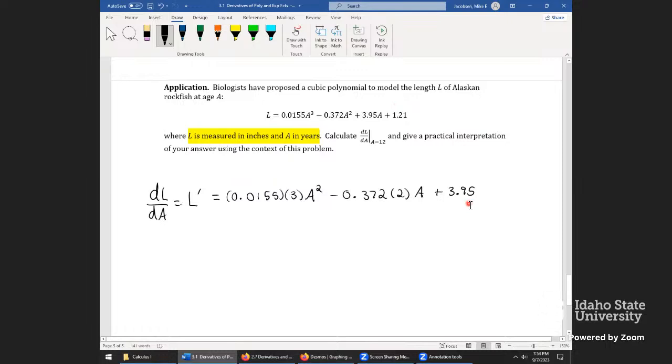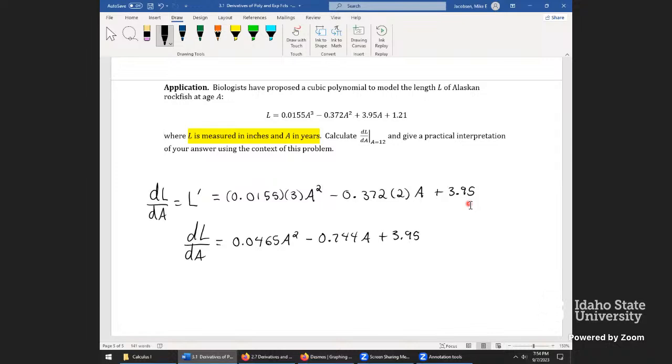So here's our values. And I did put these in a calculator before I came today. I decided you probably wouldn't find it interesting to watch me calculate these values. So I got dL/dA came out as 0.0465 A squared minus 0.744 A plus 3.95.